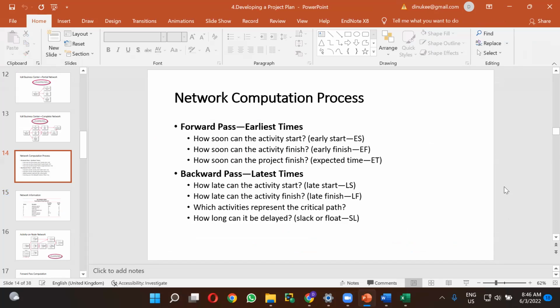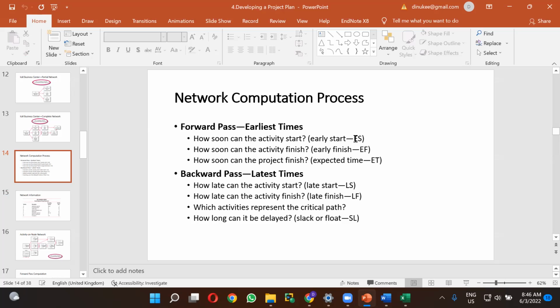So after drawing the project network, you can do the computation part. First you have to do the forward pass calculation. It means you have to start from the left hand side and go on calculating in a forward way. So you have to calculate your early start time.